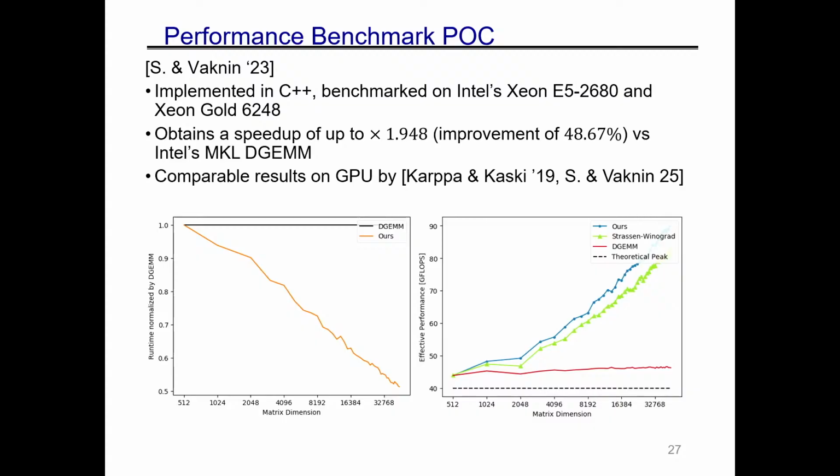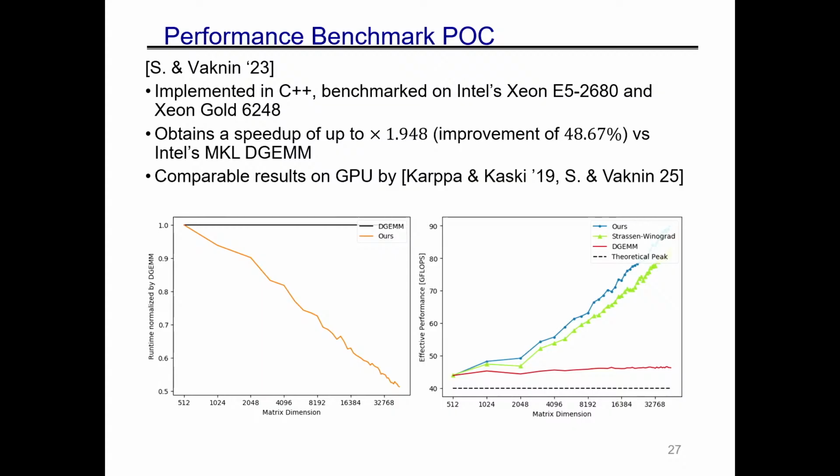In this graph the y-axis is effective performance, so up is good, the x-axis is the matrix dimension, and we compare to DGEMM, to Strassen, and this is ours.